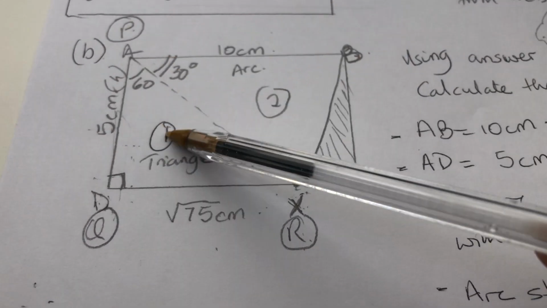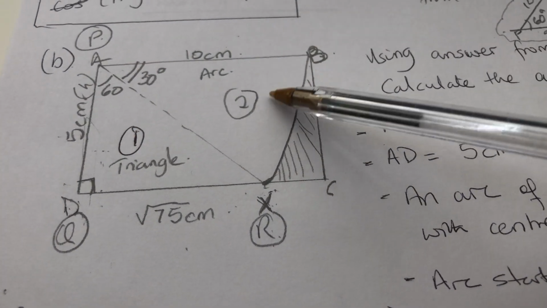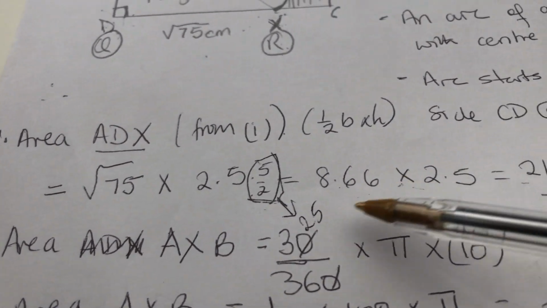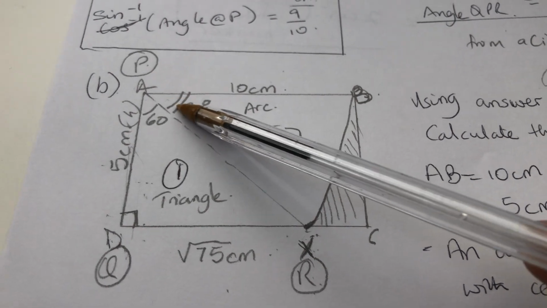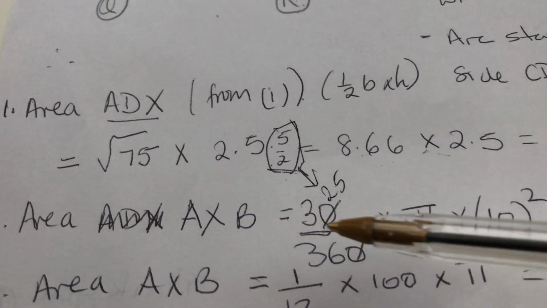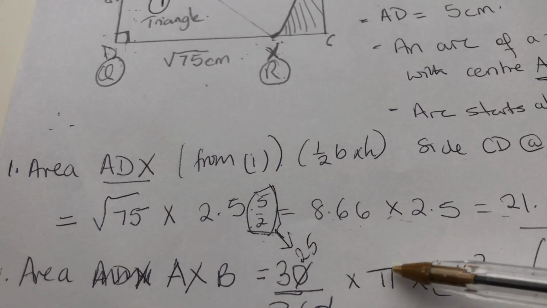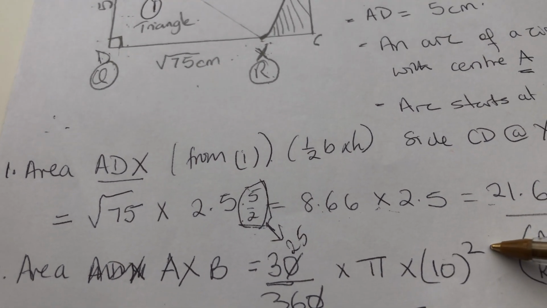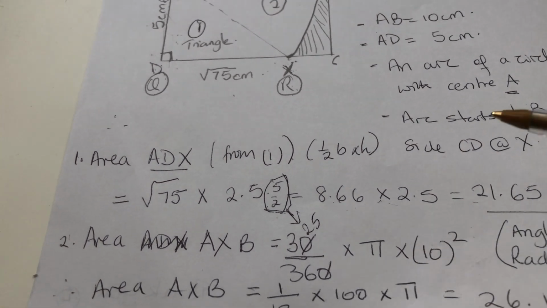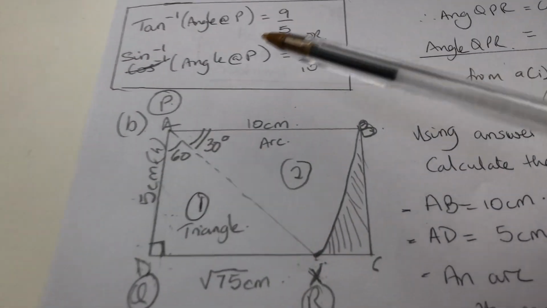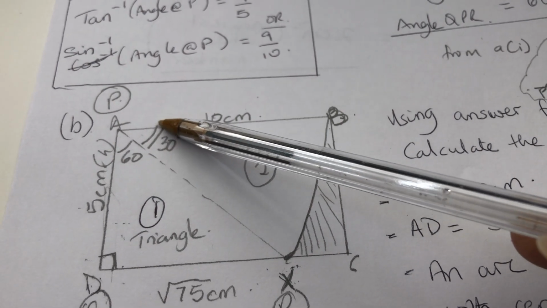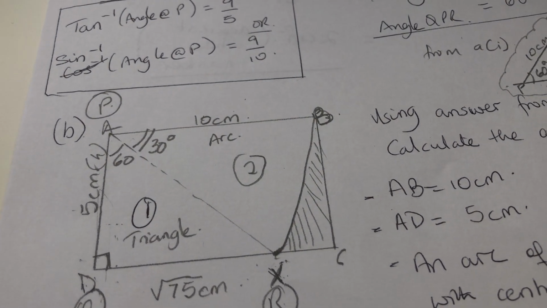So we found this area 1. We need to find this area. So the area of the sector here, the angle is 30 to make it 90, divided by 360, then pi r squared. Assuming it was just a circle, it would be pi r squared, but because it's a sector and an angle is involved, we need to divide the angle over 360.